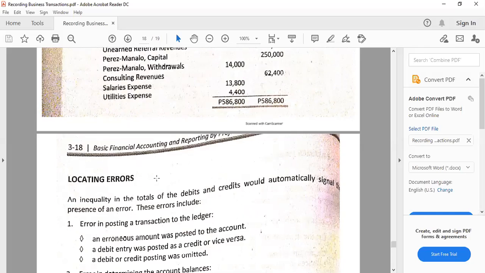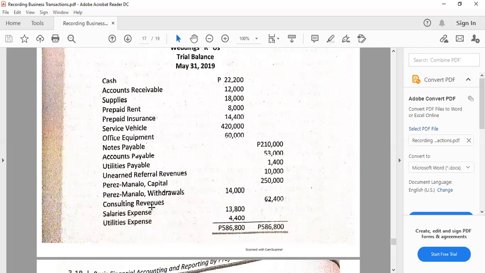So for example, here in the trial balance, normally or usually, of course, we are going to add or put all debit amounts or entries in the debit column, as well as the credit entries in the credit column. So we have to combine or put all of them. And so probably the error that we have committed here is on the adding.